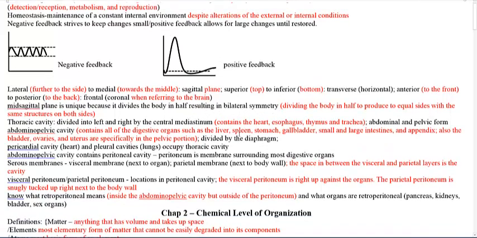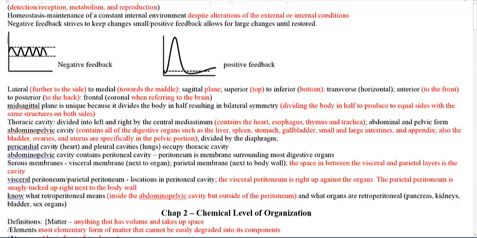The thoracic cavity, it's divided into the left and right halves by a central mediastinum. I list the organs present in the mediastinum, and then also the abdominal pelvic cavity is found, what organs are found in there. You should know the abdominal pelvic cavity is divided from the thoracic cavity by the diaphragm.